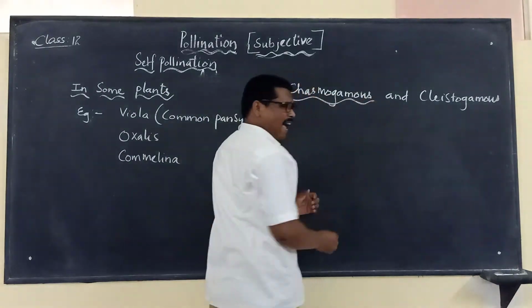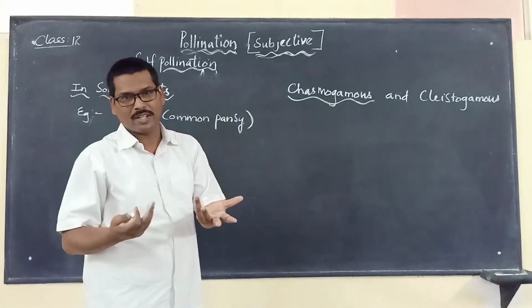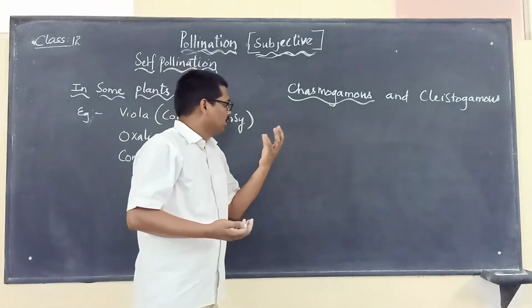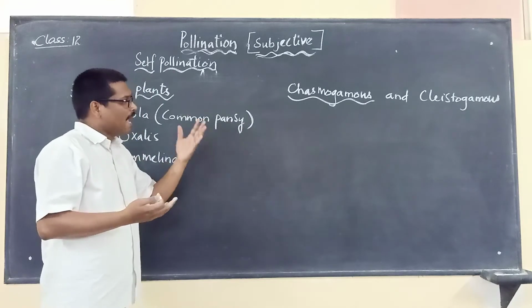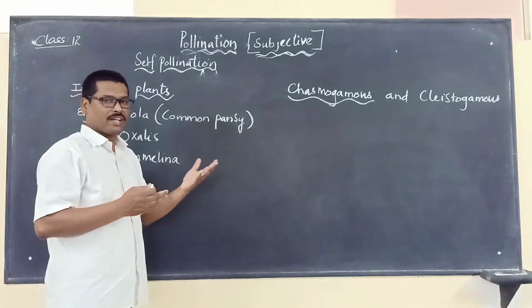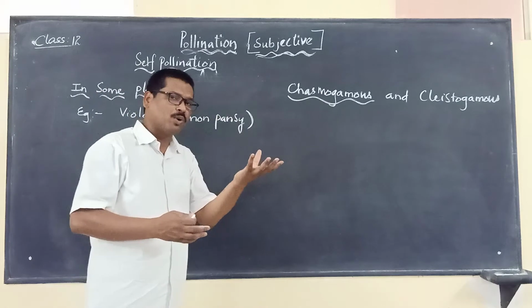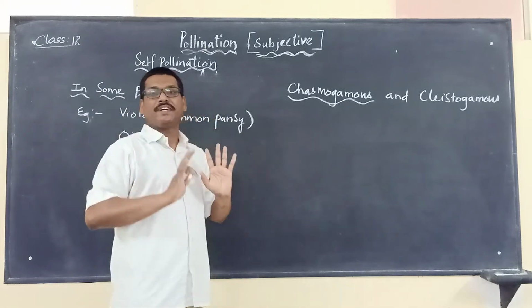Chasmogamous flowers are the same as the other flowers we studied, where they show exposed anther and stigma, or otherwise we can say androecium and gynoecium are exposed, as in other flowers that we come across.